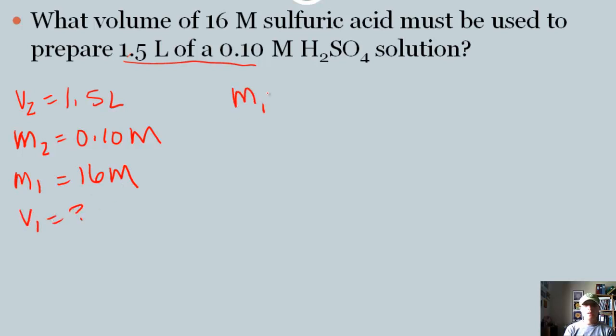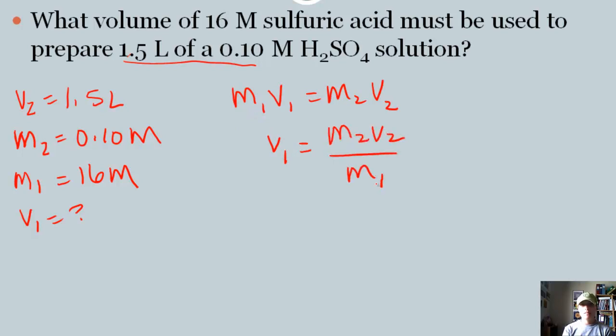So I know M1V1 equals M2V2. And so if I'm solving for V1, I'm going to divide by M1. So we've got 0.10 molar times our 1.5 liters, and we're going to divide that by our M1, which is 16 molar.